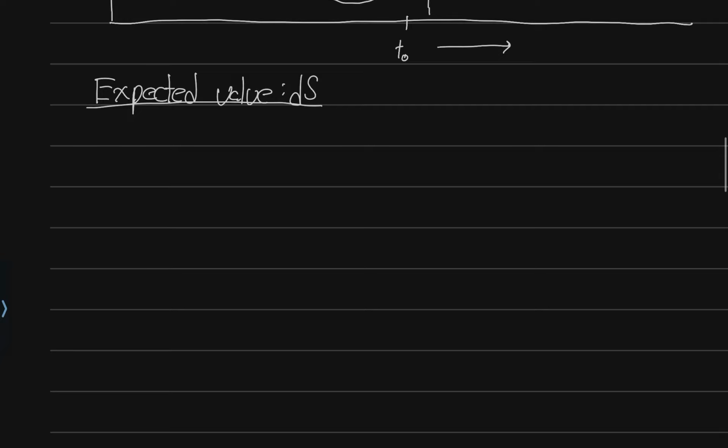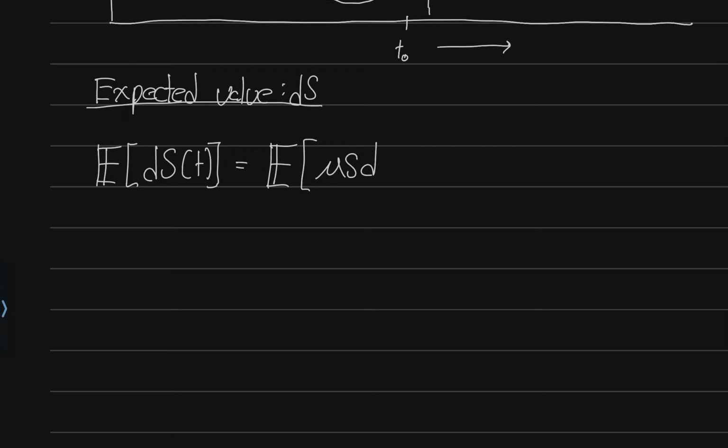So we want to take the expected value of our stock price as a function of time, and that's going to be equal to our expected value of mu S dt plus sigma S dW.